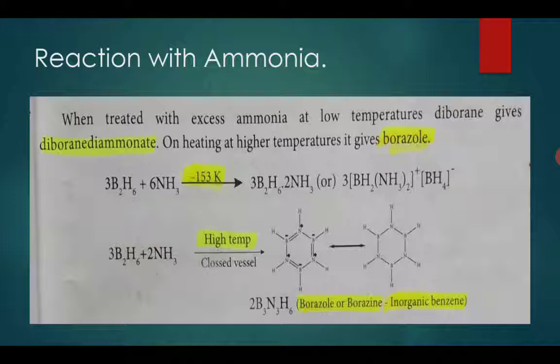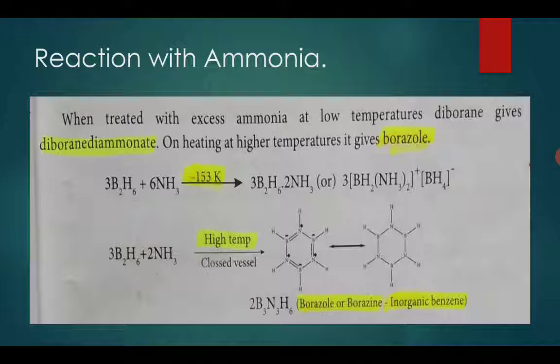Otherwise, B2H6 plus 2NH3, when the temperature is raised to high temperature and the compound is taken inside a closed vessel, you are getting an interesting compound known as borazole, otherwise borazine, and this compound is known as inorganic benzene. The formula is B3N3H6.